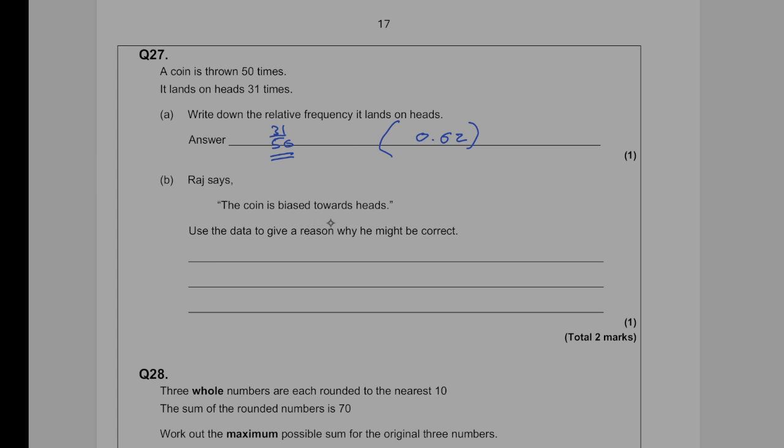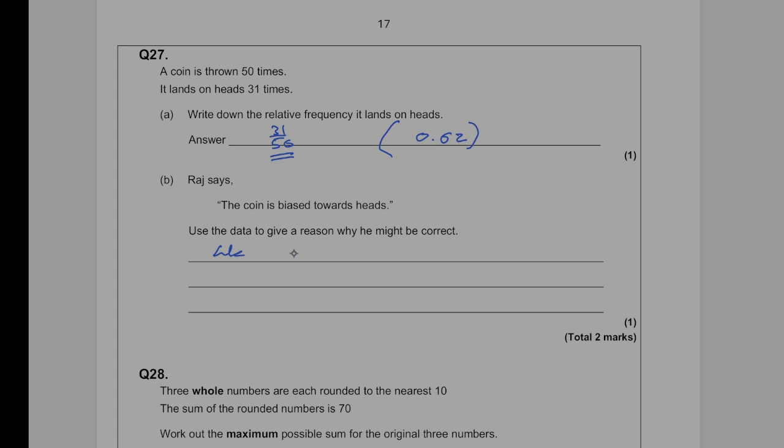Right to say, if the coin is biased towards heads, use the data to give a reason why he might be correct. So we could discuss. We would expect the relative frequency to be 0.5. Well, we wouldn't really expect that.